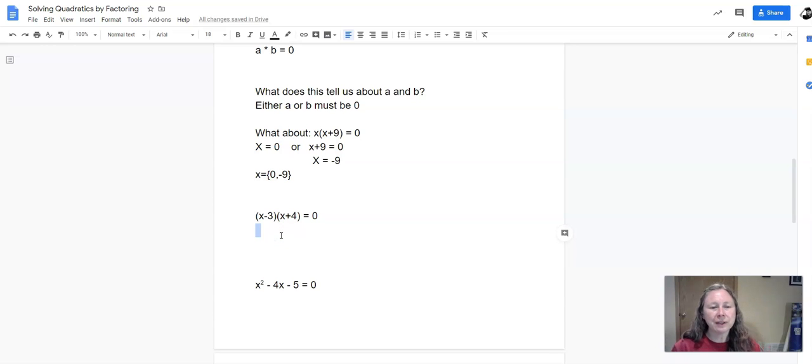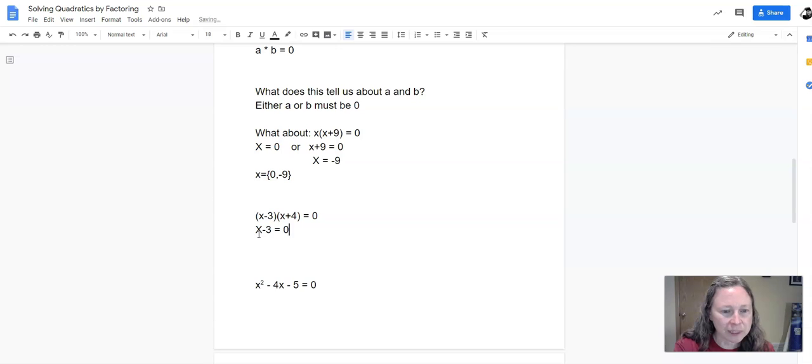So here's another one written in factored form. Again, we could expand it, but expanding it is actually not helpful. It's more helpful if we leave it in factored form. As long as this side is equal to 0, we know that either this term or this term must be equal to 0. So once it's already factored, the way that you solve it is you just set each of those terms up as its own separate equation.